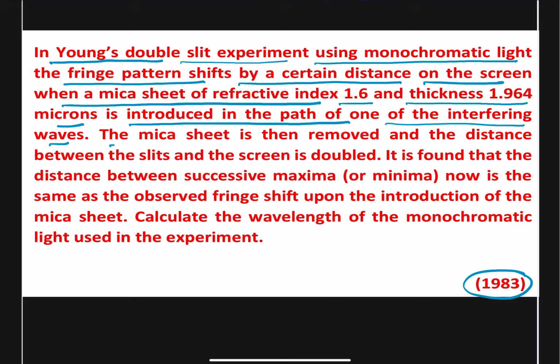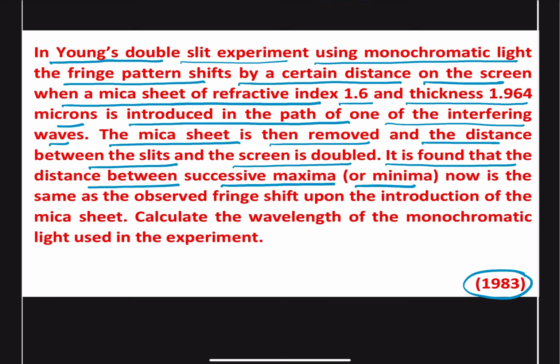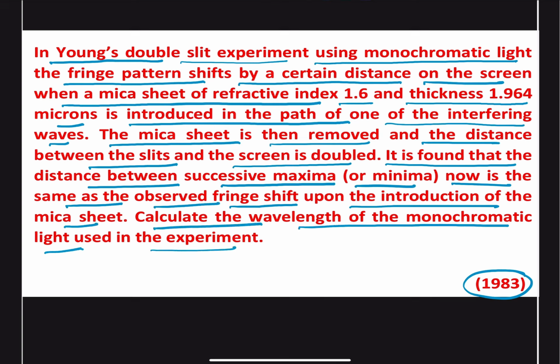The mica sheet is then removed and the distance between the slits and the screen is doubled. It is found that the distance between the successive maxima or minima now is the same as the observed fringe shift upon the introduction of the mica sheet. Calculate the wavelength of the monochromatic light used in the experiment.